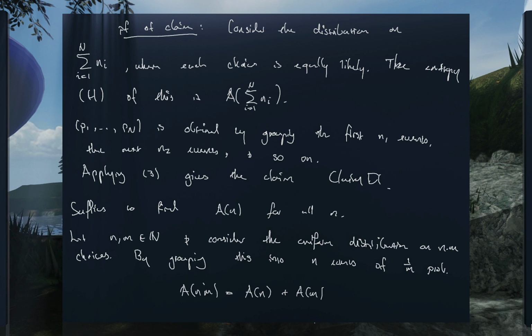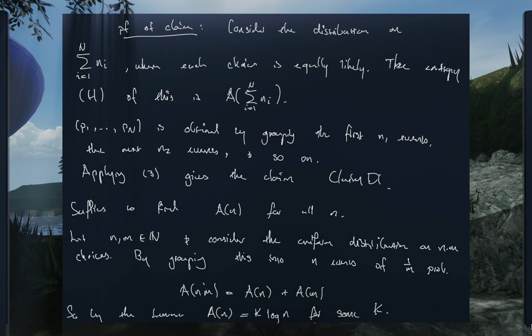And this is exactly the statement we had in the lemma before. So by the lemma, we have that A of n is equal to k times log n for some k.